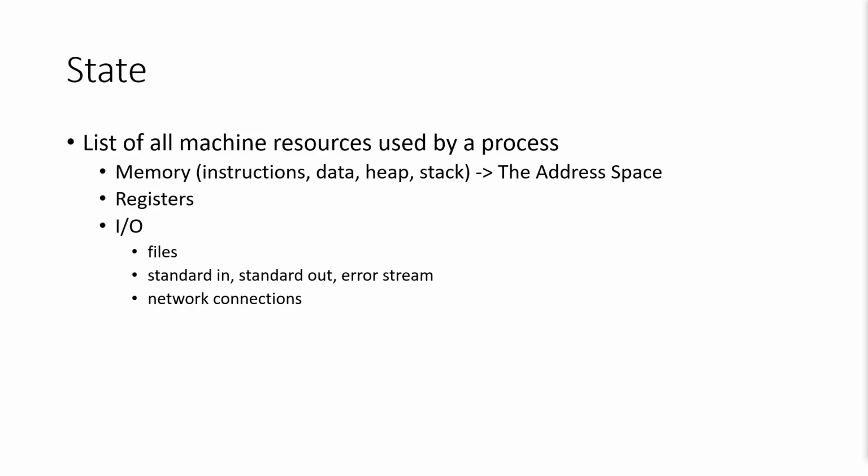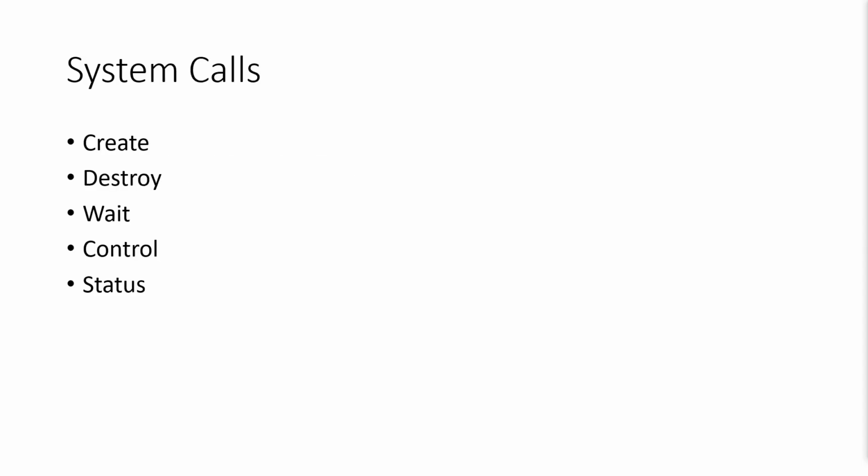We need to keep track of the values in the registers so we can put everything back when we switch from one to another. And then I/O devices, which is a bunch of things: open files, standard in, which is the keyboard, standard out, which is just putting text on the screen, the error stream, any sort of network connections, and any other kind of I/O devices, like printers, mice, whatever else is being used.